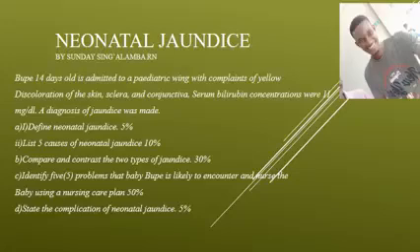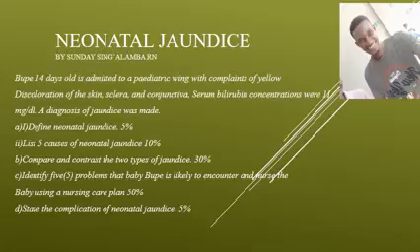So that biliverdin is converted to unconjugated bilirubin with the help of an enzyme known as what? Biliverdin reductase. Then, for conjugation to take place, that unconjugated bilirubin has to travel to the liver.